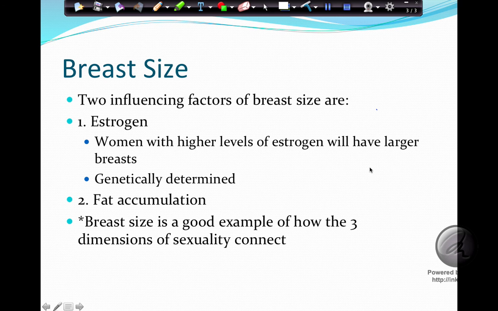We've already kind of noted how the dimensions of health, cultural, psychological, and biological connect with breast size. It's a very common cosmetic procedure to have breast augmentation to either lift, increase, or decrease size, and really that's more of a psychological and cultural factor than it is biological. Most breasts serve their biological functions as needed, regardless of size.